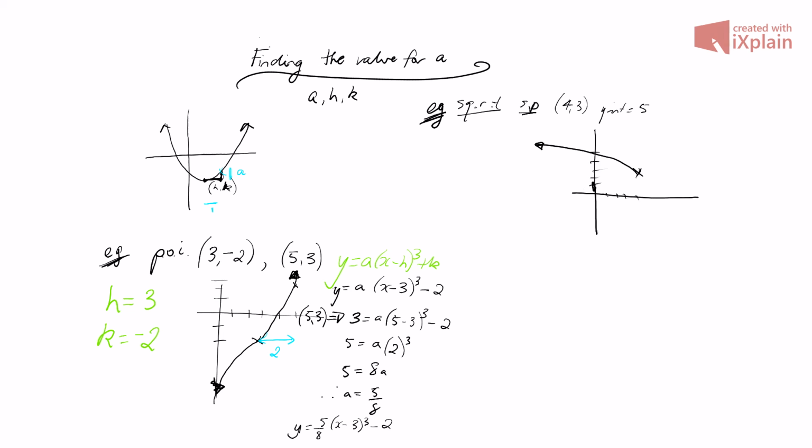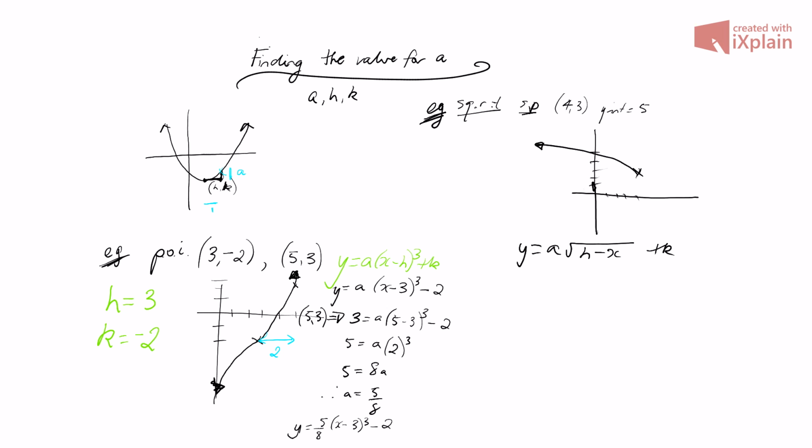Now, looking at this, remember square roots have different forms. This is a square root that goes to the left, so I know I must be in the y equals a square root of (h minus x) form. Just like with that cubic function, we write down exactly what we know.